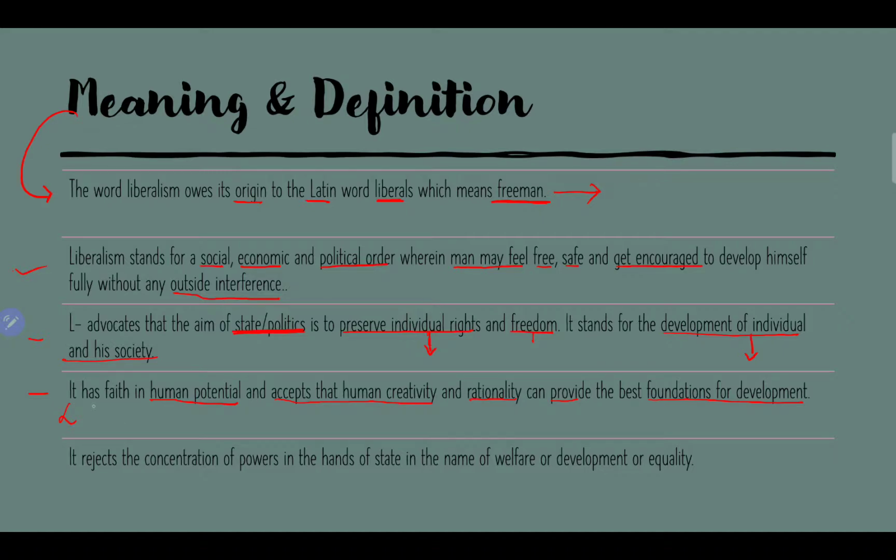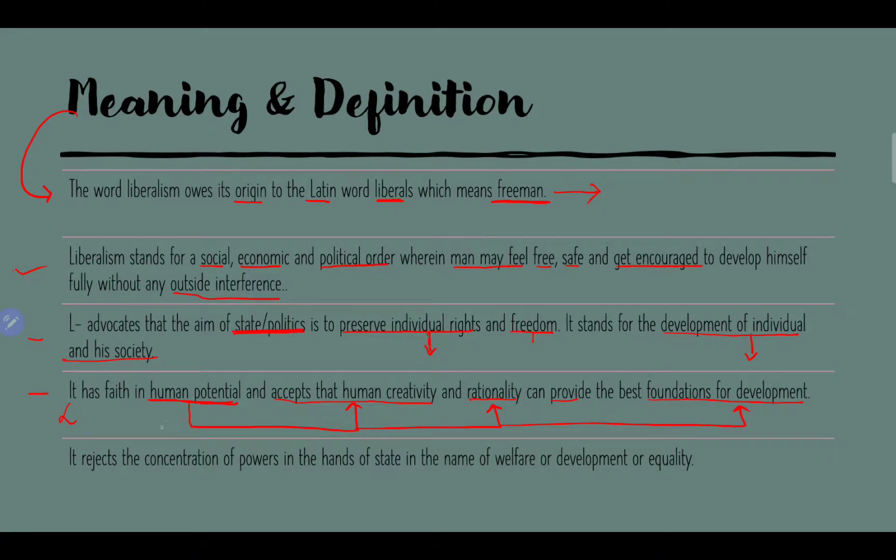And simultaneously, liberalism has faith in human potential. Humans can do so many things. Humans can develop so many things for the betterment of the population. Liberalism has faith in human potential, accepts the creativity of humans, and trusts the rationality of humans, which can provide the best foundation for development.